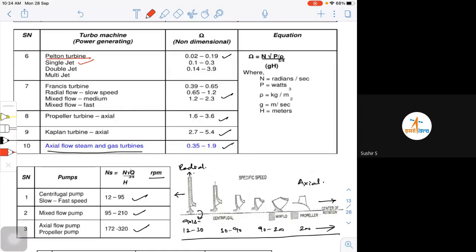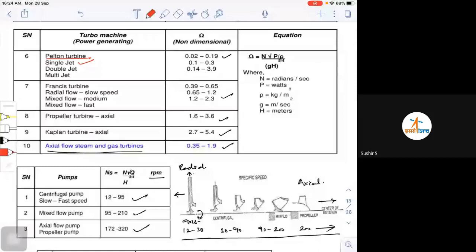That's how you will be able to make out, because the head available is 40 meters. For that particular size of the turbine and small power developed, I have to go with the Pelton type of turbine. Given the head available and the discharge, I may have to go with a Pelton turbine of a single jet.